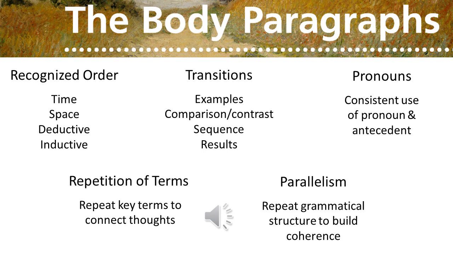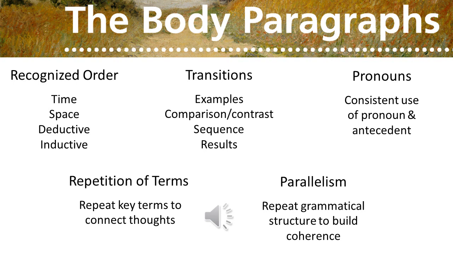And then finally, results. In other words, if you are talking about the culmination of something, the effect of something, then you would use some kind of transitional expression to indicate what the result is.